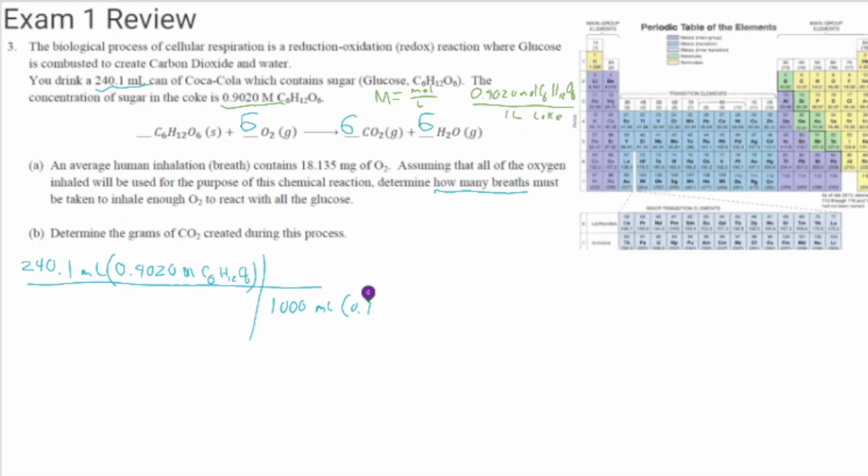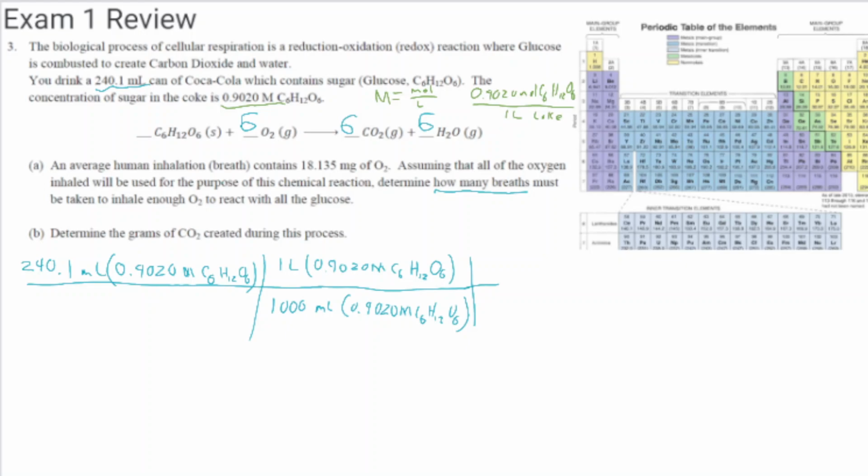So I'm going to go ahead and put our solution here. 1,000 milliliters of our 0.9020 molar C6H12O6 solution is 1 liter of our 0.9020 molar C6H12O6. And again, you can put whatever label you want in there for your solution. You can say Coke, you can say solution 1, whatever you want.